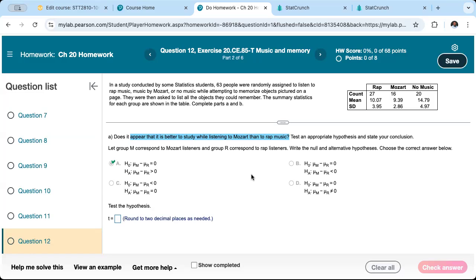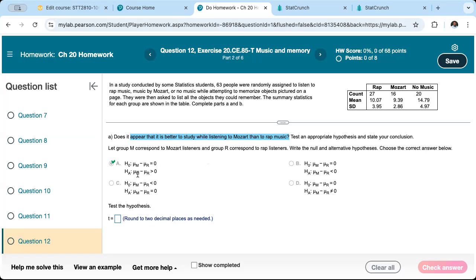Now we want to test the hypothesis. So we should test this hypothesis and then write the t-test. To do that, you have to take notes. This is for Mozart music and rap music.